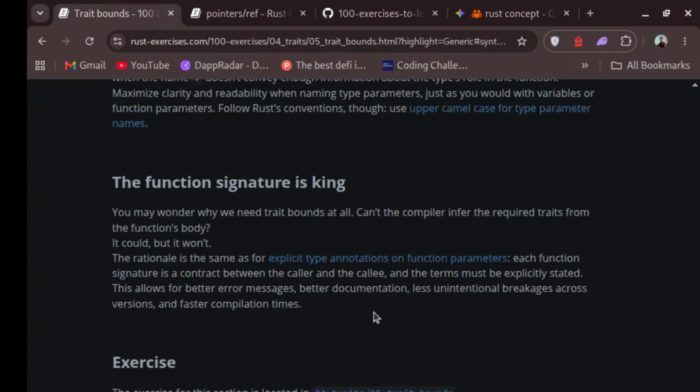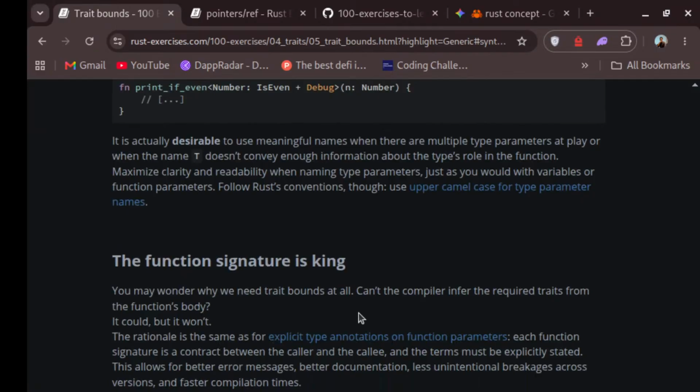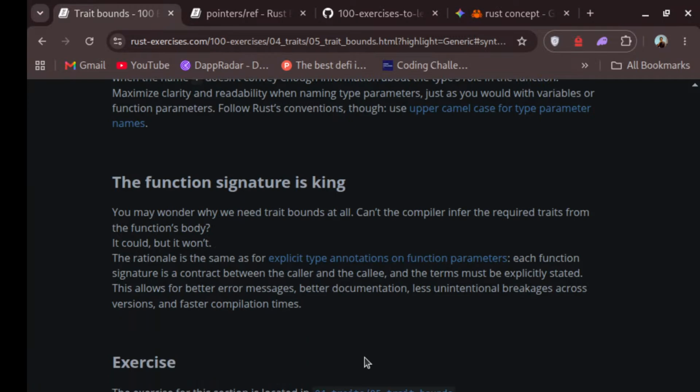So the function signature is king. You may wonder why we need trait bounds at all. Can't the compiler infer the required traits from the function body? It could, but it wouldn't.